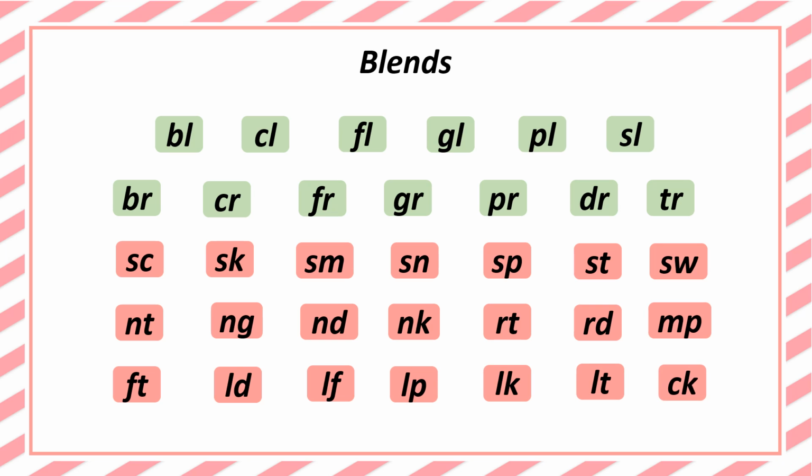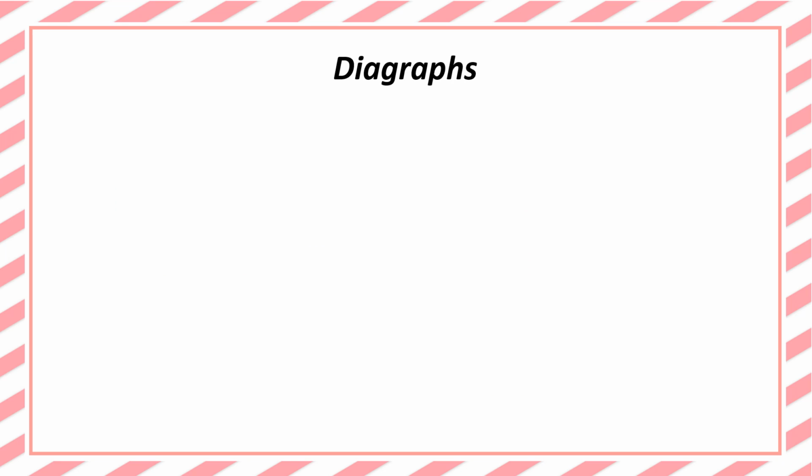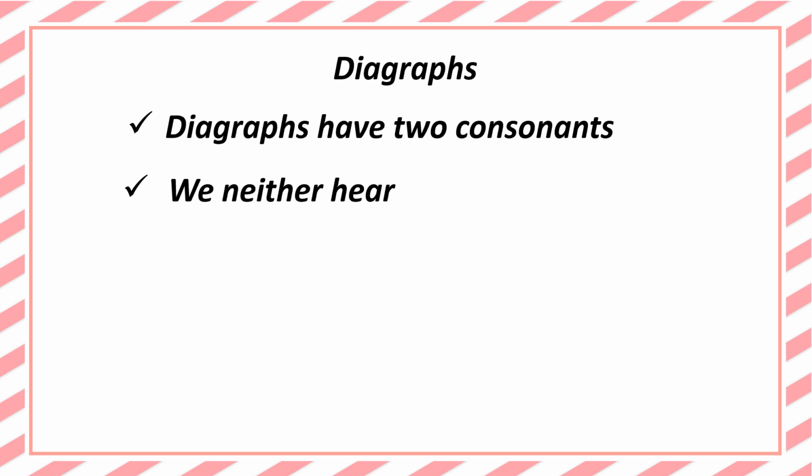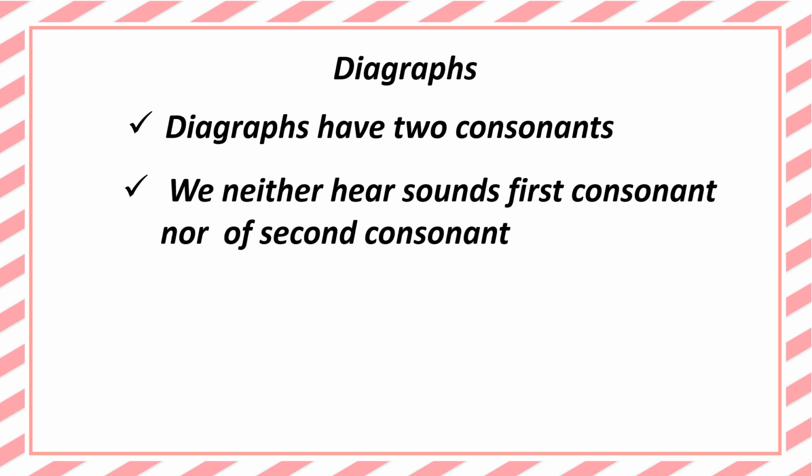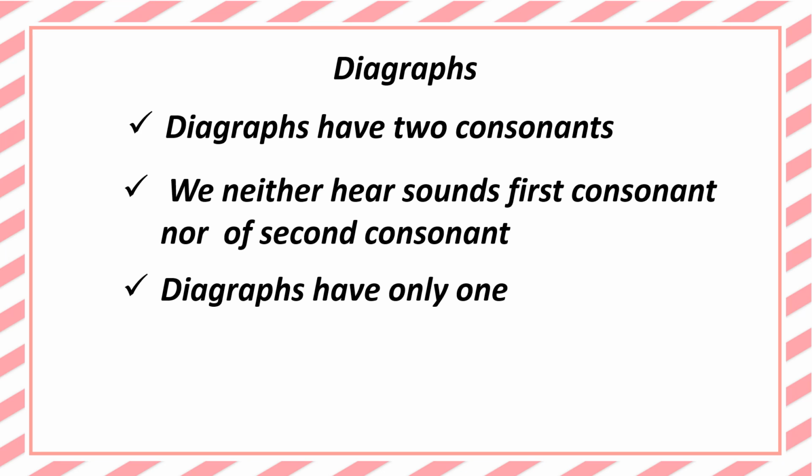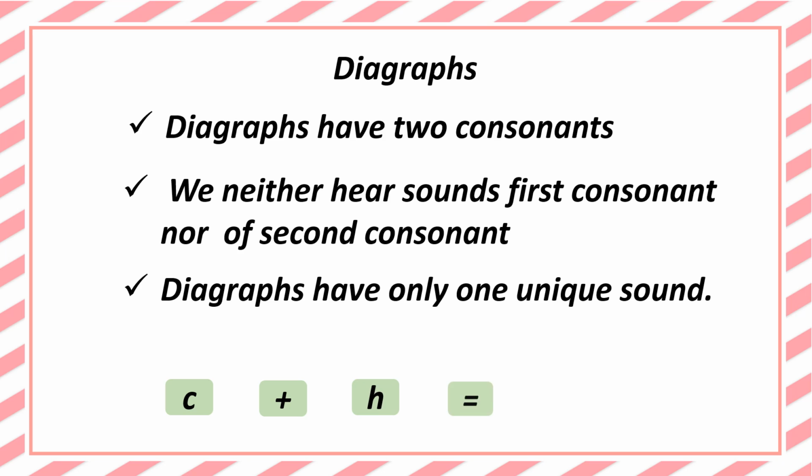Digraphs. Digraphs have two consonants. We hear neither the sound of the first consonant nor of the second consonant. Digraphs have only one unique sound. Say for example, k plus h makes the sound of ch.